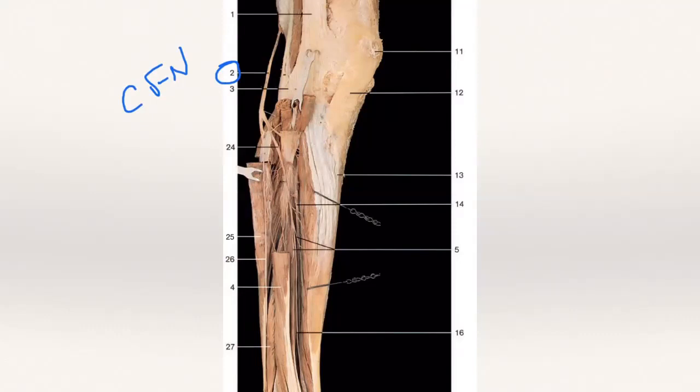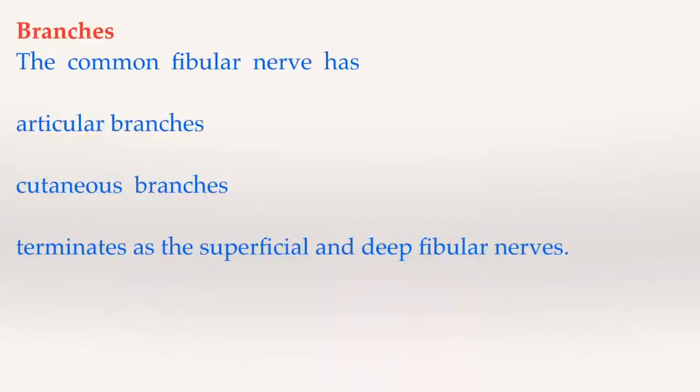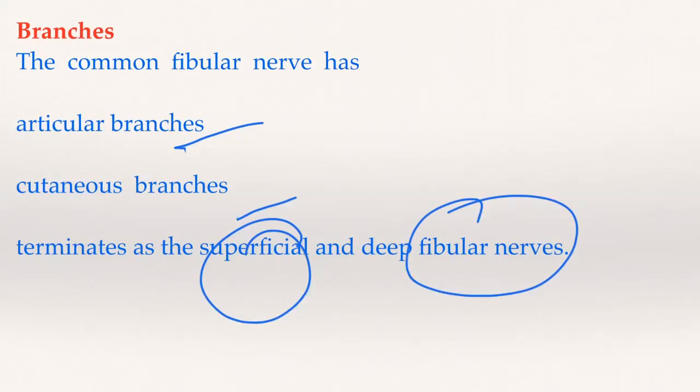Whereas number 16 is the deep fibular nerve and 26 is the superficial fibular nerve, right? So from here it is taking a course like this, and from here it is taking a course like this, and coursing, right? Branches: articular branches, cutaneous branches, and superficial and deep nerves.